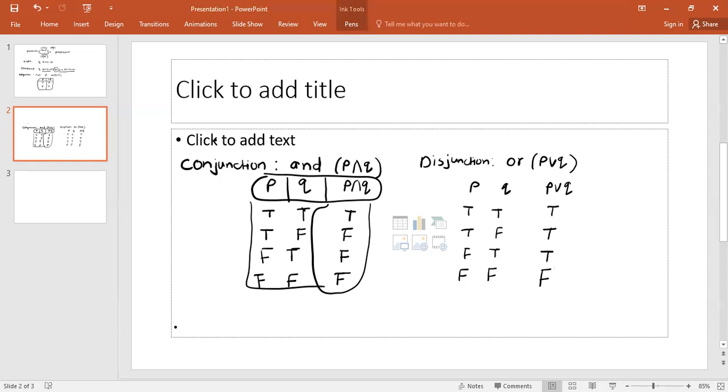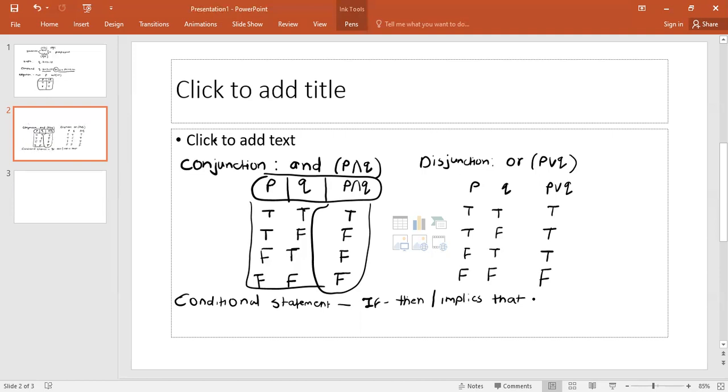Conditional statement is denoted by if and then, or implies that.